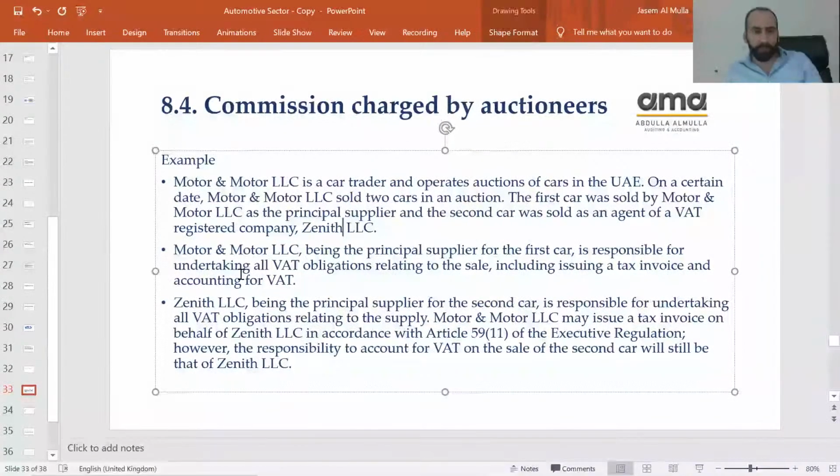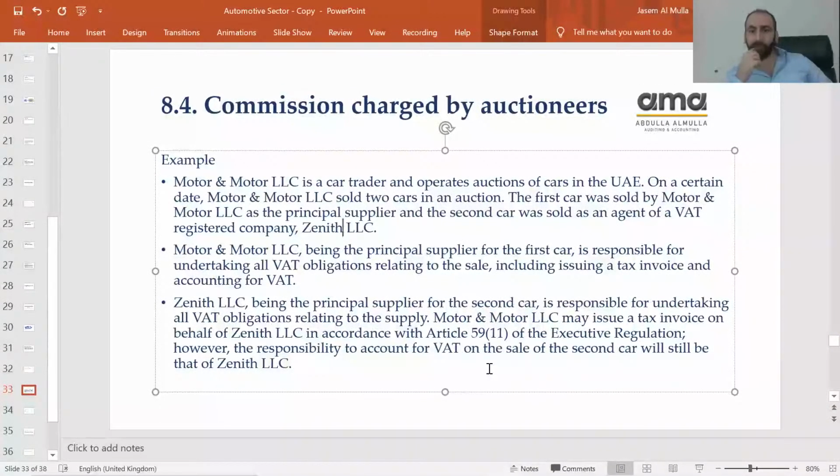Motor, being the principal supplier for the first car, is responsible for undertaking all VAT obligations relating to the sale, including issuing a tax invoice and accounting for VAT. Zenith, being the principal supplier for the second car, is responsible for undertaking all VAT obligations related to the supply.